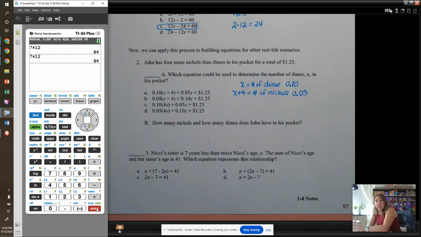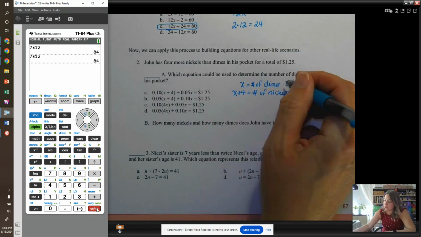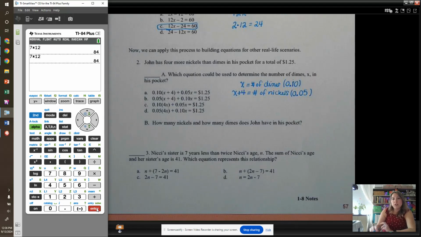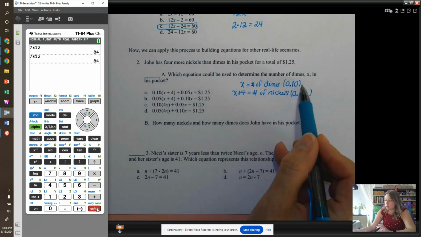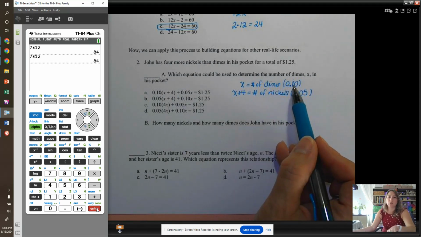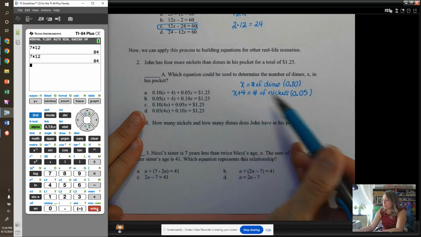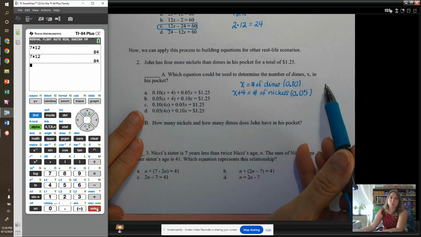So that 5 is two places behind the decimal place. The reason I put these here is because in order to figure out a total amount of money, I've got to take my X and multiply it by how much a dime is worth. And I've got to take my X plus 4 and multiply it by how much a nickel is worth.